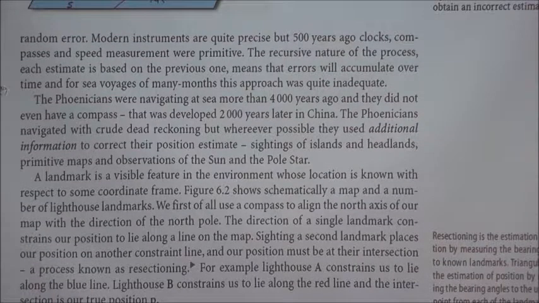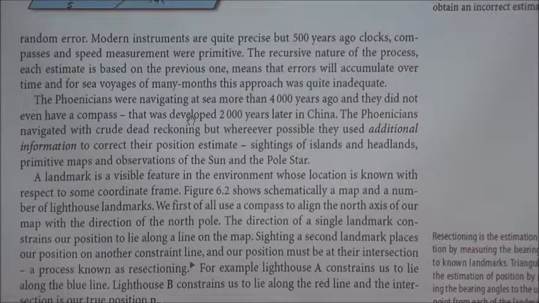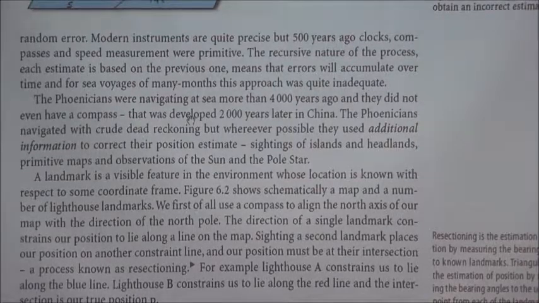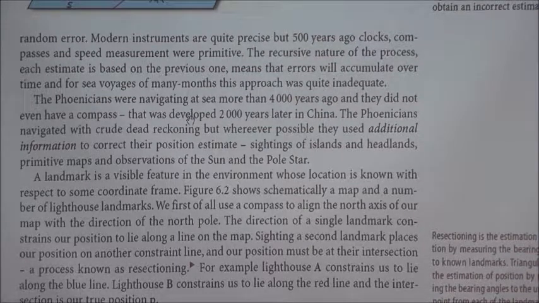From 1200 to 539 BC, the Phoenicians, who were primarily living in the area of today's Lebanon, Syria, Turkey, basically the east side of the Mediterranean, were doing all kinds of navigation in those days, more than 4,000 years ago, and they did not even have a compass.